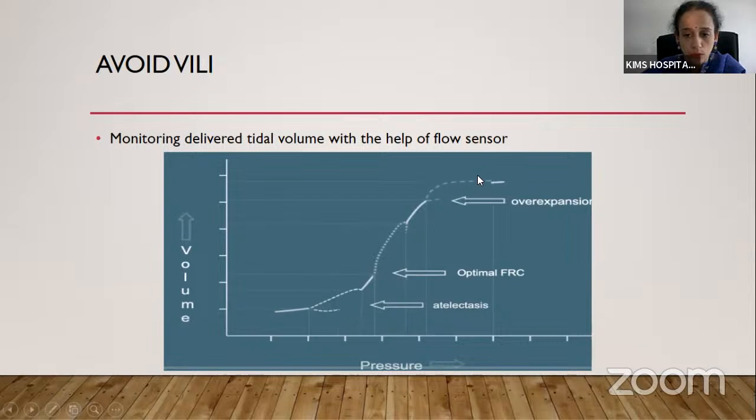Volume trauma is also not good for the baby, as well as increased pressure. And biotrauma results in increased production of inflammatory mediators like TNF alpha and interleukin 8. Rheotrauma is caused by the damage induced by excessive flow. So all these combined together cause ventilator-induced lung injury, which is avoided by delivering the pressures at the optimal FRC.